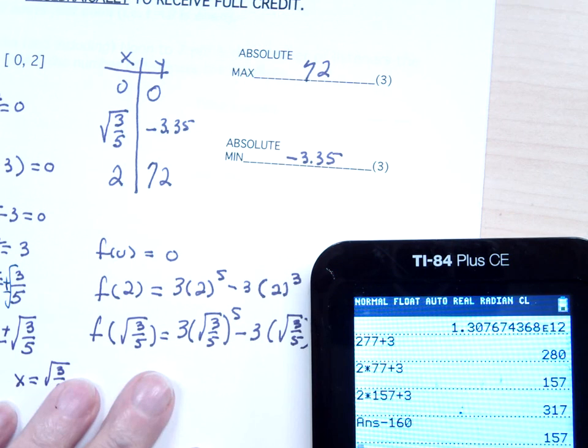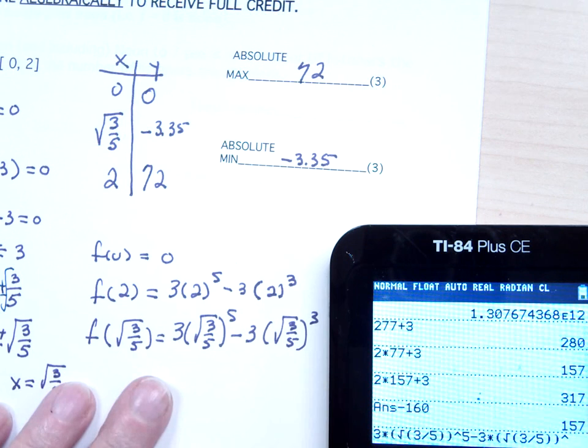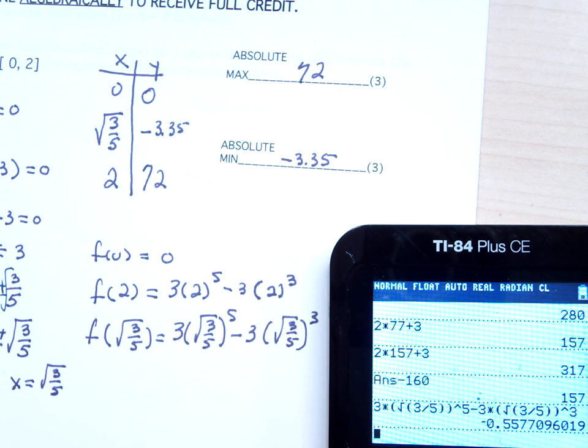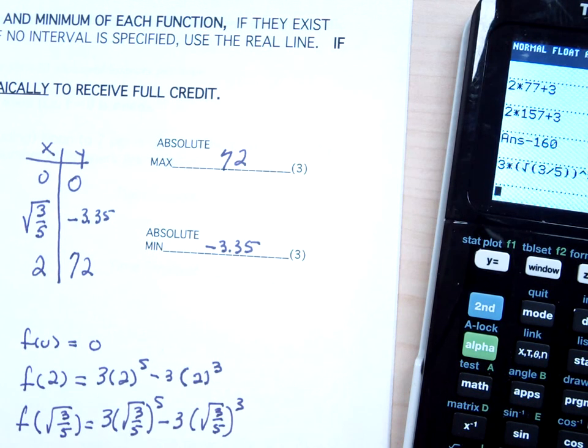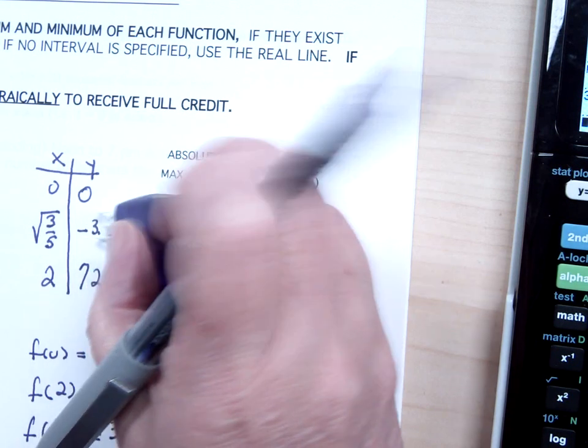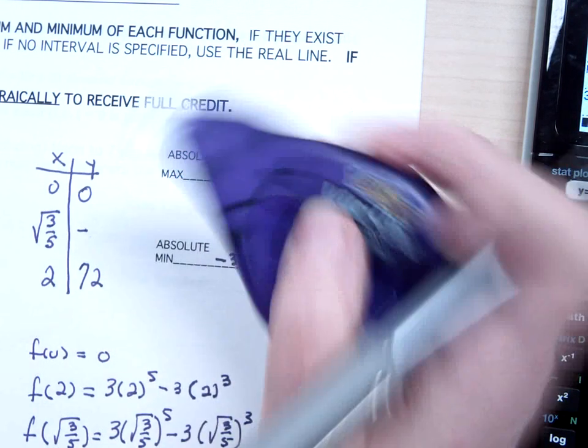Okay, so 3 times the square root of 3 divide 5 to the 5th minus 3 times the square root of 3 divide 5 to the 3. Yep. I hate math print.